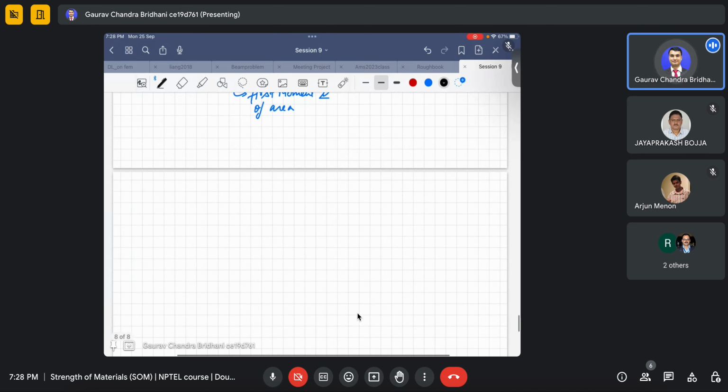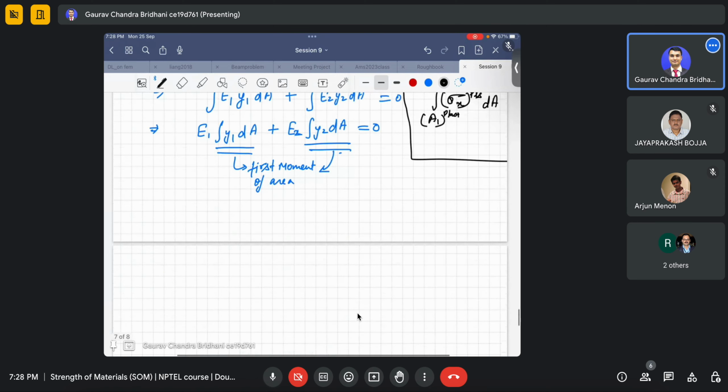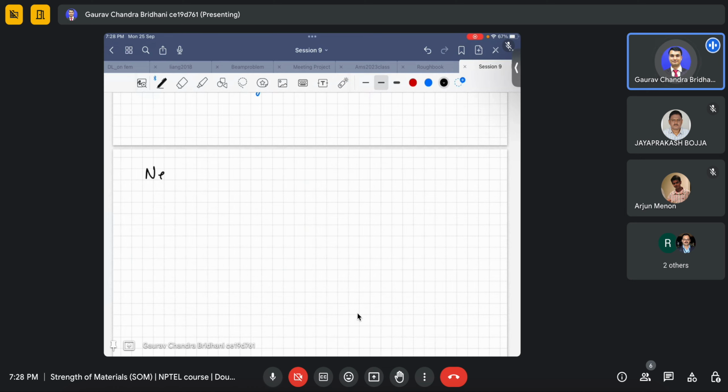So that means we know that the neutral axis passes through the mid height.